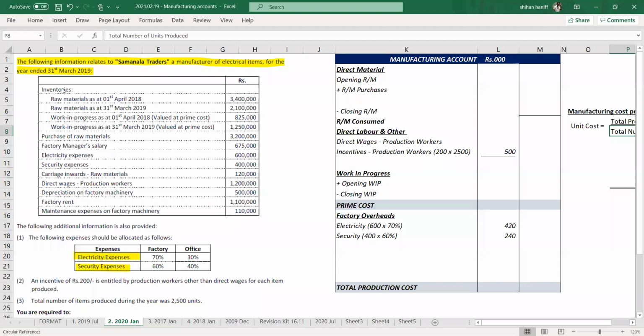The remaining items, raw material opening balance is 3,400. Raw material closing balance is 2,100. Work in progress 825 opening, closing 250.